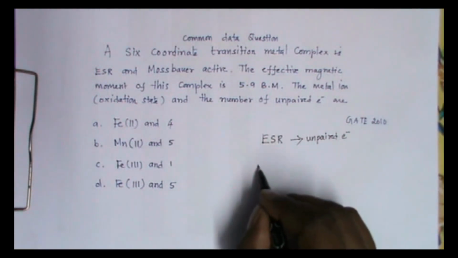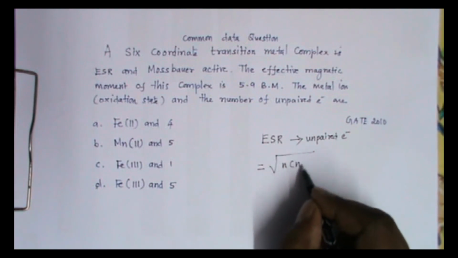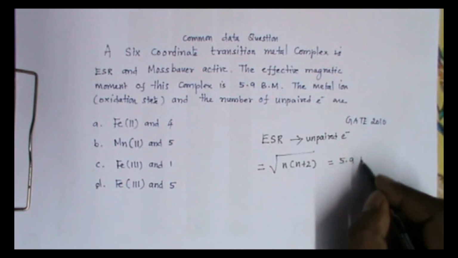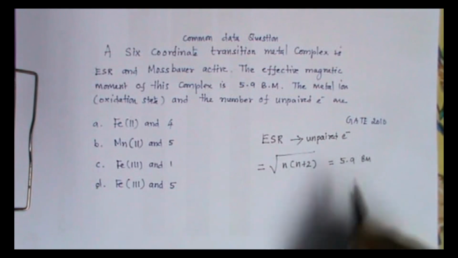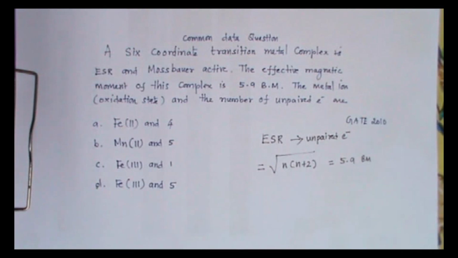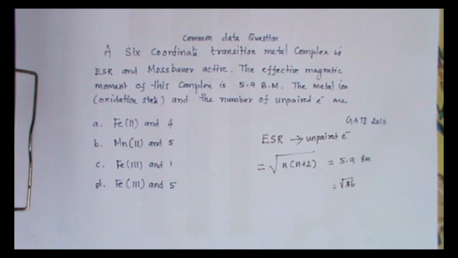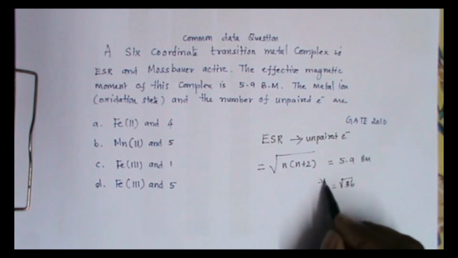The magnetic moment is calculated by the formula square root of n into n plus 2. What we get is 5.9 BM. This is almost 6. Let us consider it as 6. If you consider it as 6, this value should be 36.